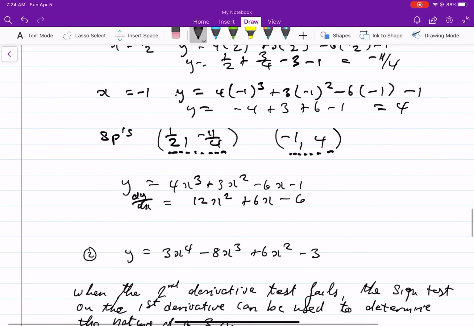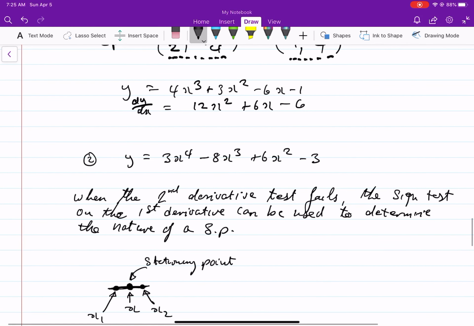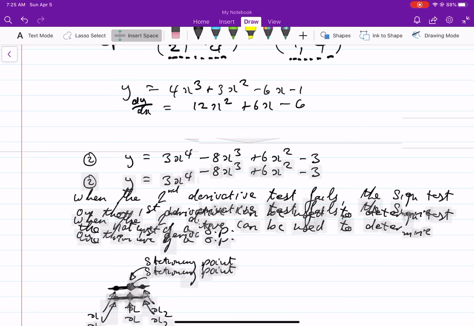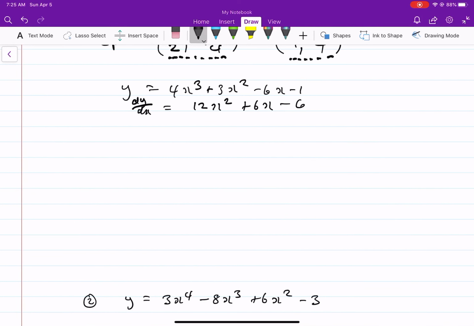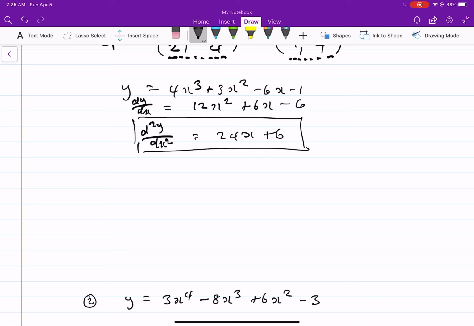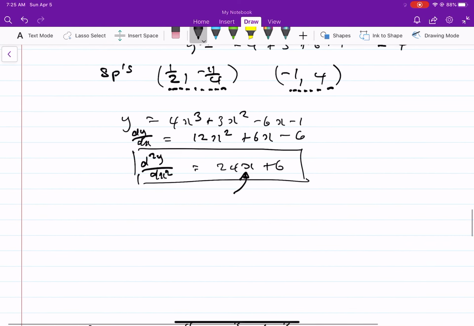The second derivative, which will be written as d squared y upon dx squared, is equal to 24x plus 6 right there. The second derivative depends on x as well. So what you'll do, you'll take the x coordinate of each stationary point and plug it into the second derivative.